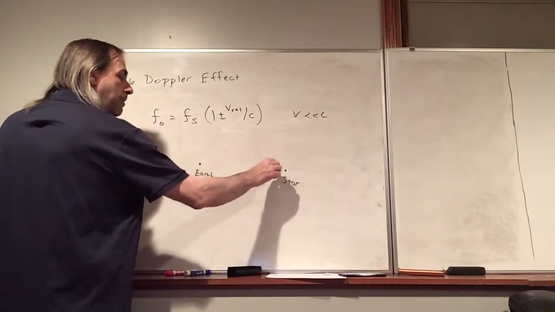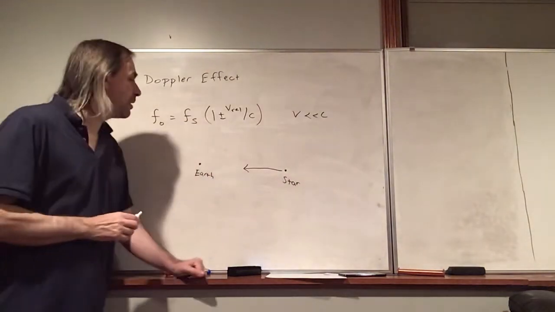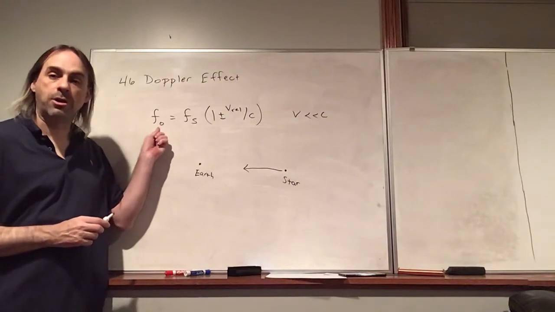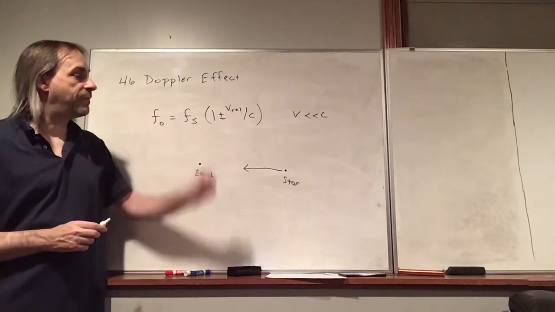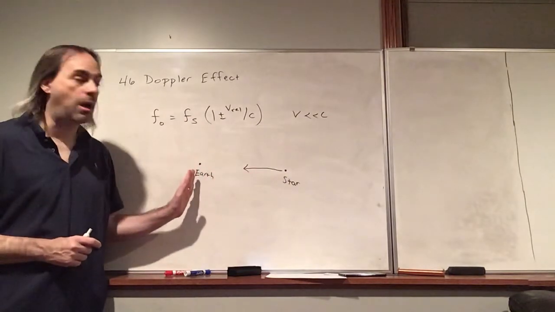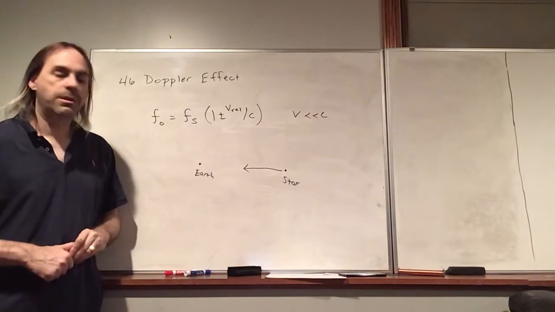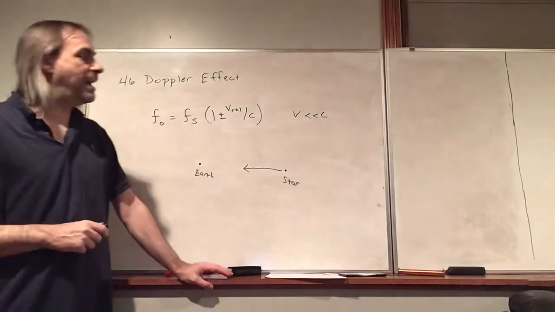There's light coming from the star towards us, and all we can measure is the frequency that we observe. We want to know the relative velocity between us and the star, so we need to know the frequency of the source. So how do we know what that is?